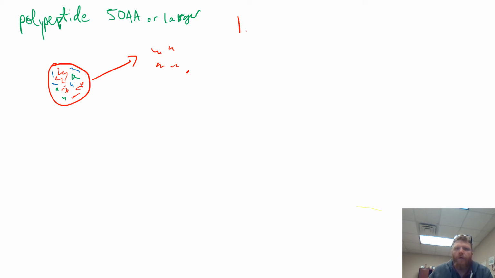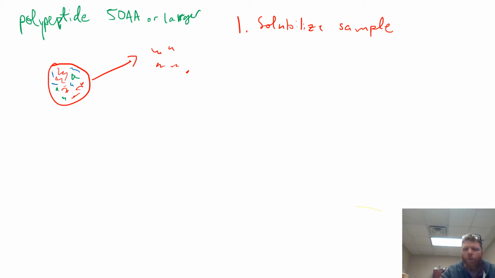The first step that you need to do is solubilize your sample. So you need to put it in a buffer in which your proteins are, in theory, going to be functional, but more than anything else, that your proteins are going to be accessible. They're not going to be in an insoluble fraction. This is done through a number of different processes.